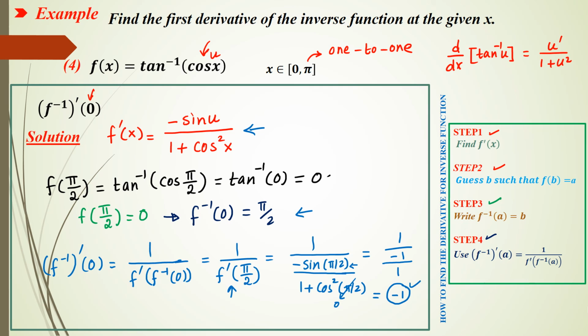So negative 1 is the derivative of the inverse function of f at x equals 0. And that's it. Thank you.